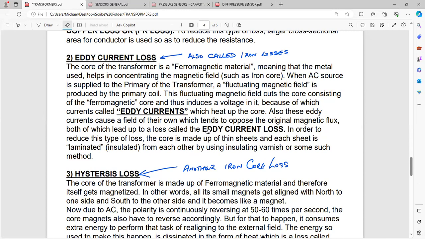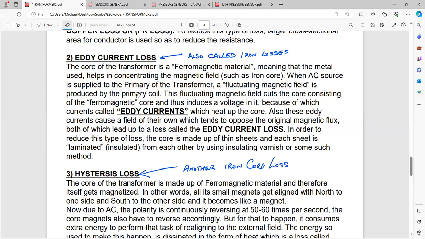So that is a loss. How do we reduce these losses? We saw that instead of a solid soft iron core, be it the shell type or the hollow type, it is cut into very, very thin slices. Each of those slices is insulated from one another and then brought together to form a block. So you're not going to have these eddy currents flowing that much. It's going to be drastically reduced.